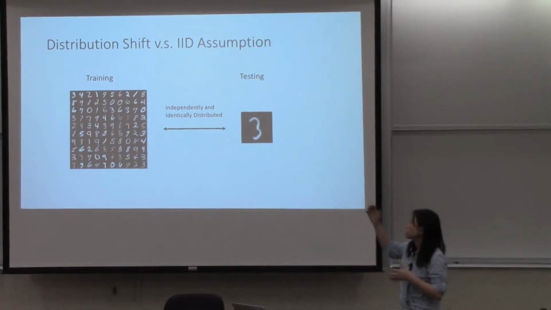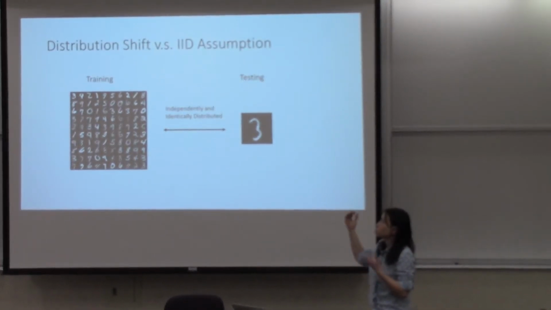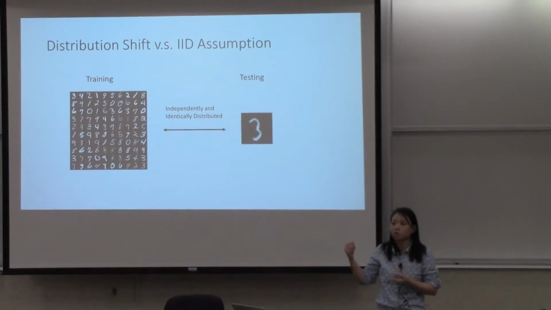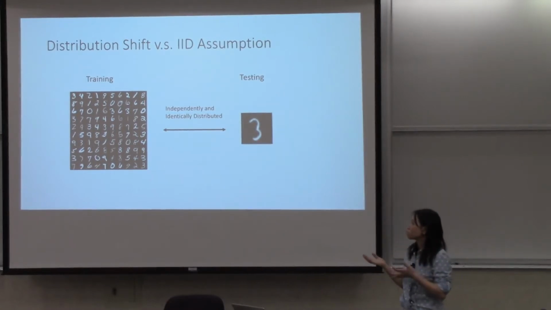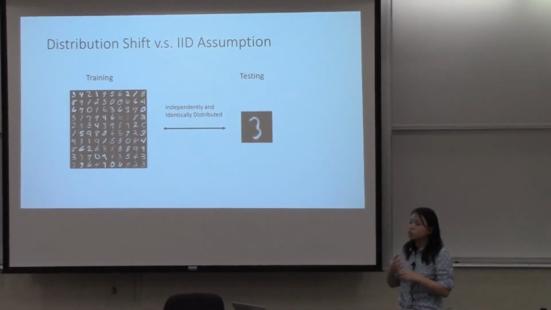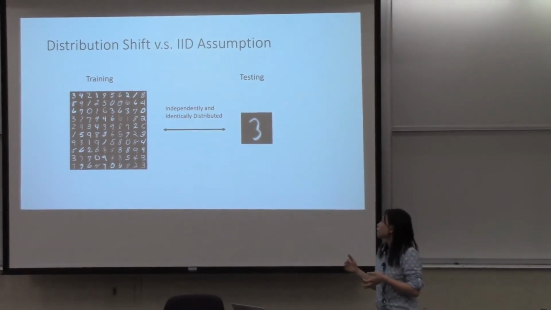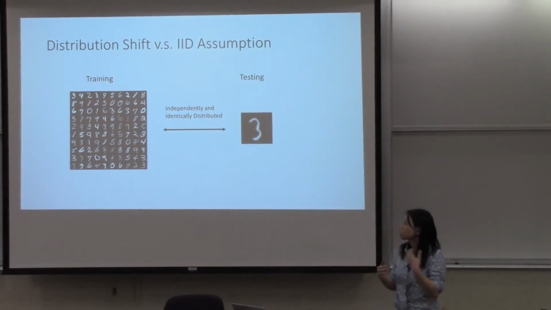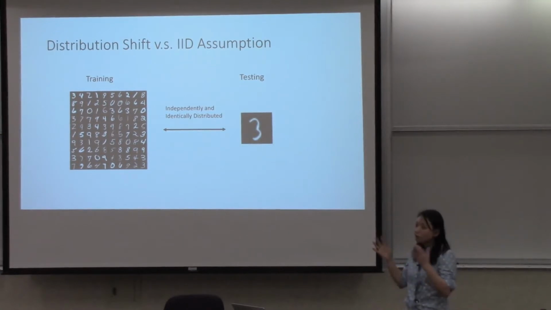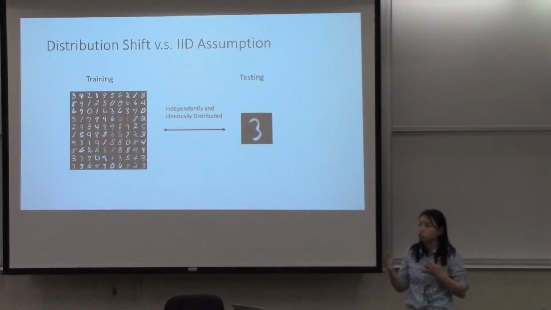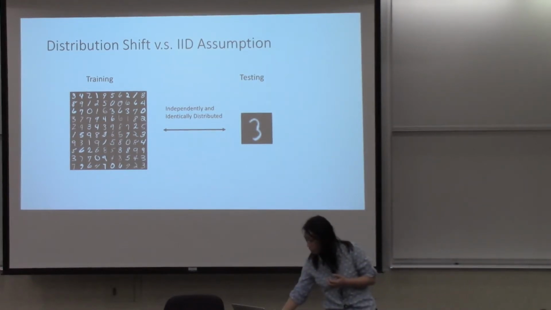That means the test data has the same distribution as the training data, or it's IID as the training data. So in those cases we can get good guarantees. Also in theory, we can prove that our algorithm has generalization bounds. That's all under the same assumption that training and testing are from the same distribution, IID.